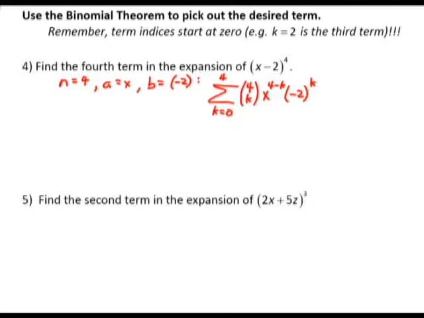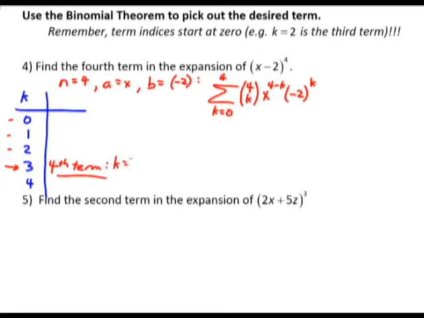Remember, we start with the 0th term. Once we have a k value for the fourth term, all we need to do is plug it in to the expression as if we were only doing k equals 3.